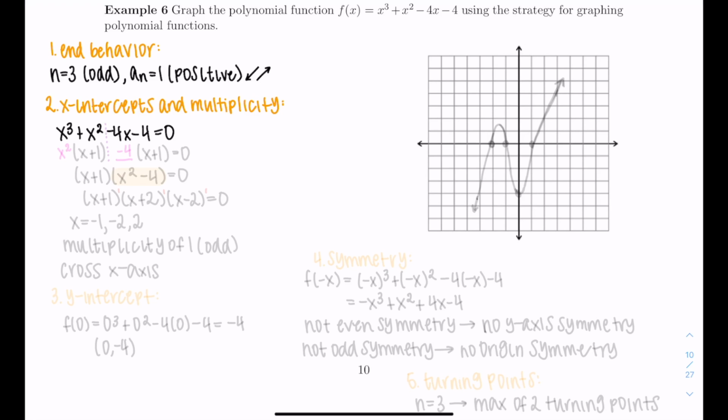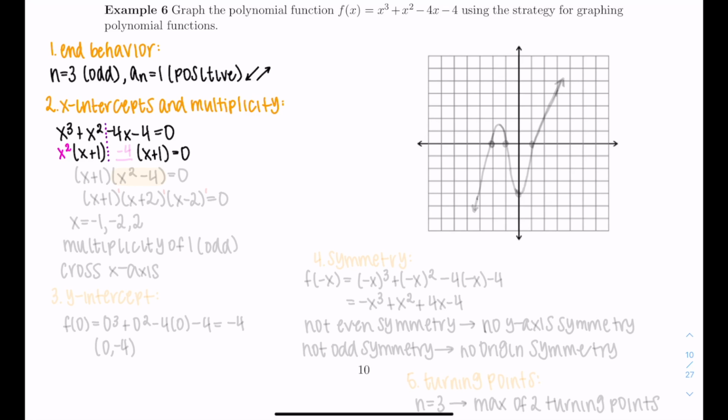So again, we have 4 terms. We want to factor by grouping. And so we can take an x squared out of the first piece, and we get x plus 1 left over. And remember, we have to have x plus 1 for this to work on the other side.